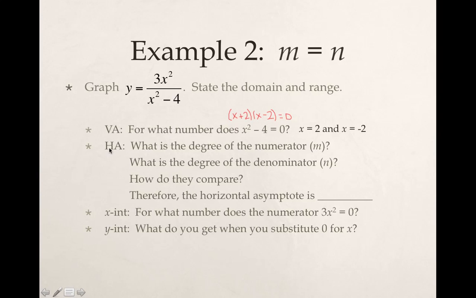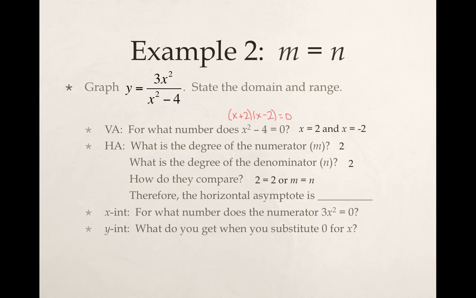For the horizontal asymptote, I again go to my exponents. The degree of the numerator is 2, because that's the highest exponent I can see in my numerator. The degree in my denominator is also 2, because again, that's the highest exponent in my denominator. So when I compare them, I see that my two exponents are the same, which is the case where m equals n.